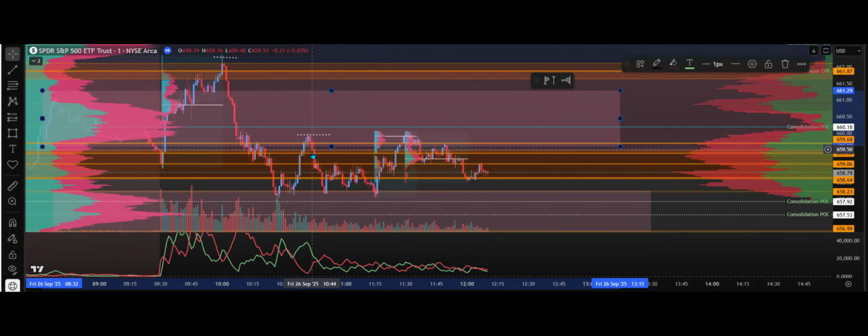Sellers push it down. Buyers try to push it back up into that price range, and they fail right at the low volume node that separates that high volume zone from the rest of this low volume and the price below it. So that move kind of proves that for the moment, there are no buyers left in this price range.